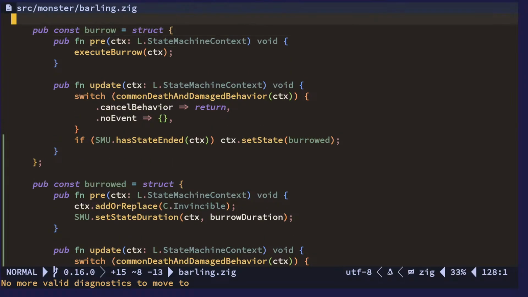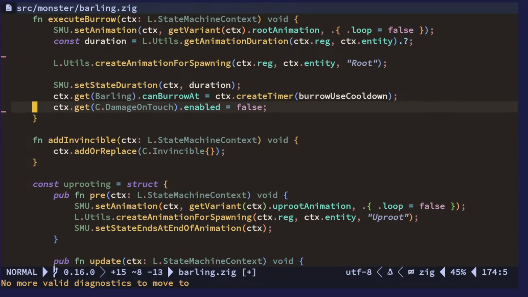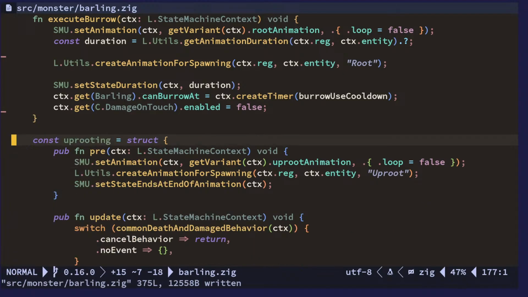So burrow is now a transitional state where we actually execute a burrow. However, we don't do this, and we don't need this function. Okay.